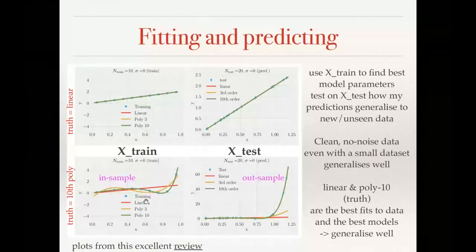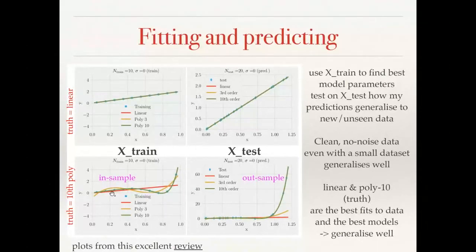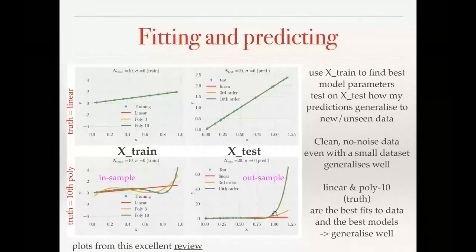Not very well. And of course, if you then try to fit with a polynomial of 10th order, since the truth is that those features have been created by a polynomial of 10th order, the fit is absolutely perfect. And because the data set, although it's small, is just 10 numbers, just enough to fit a 10th order polynomial, when we then test on a larger sample, the out-of-sample, we see that the first order polynomial, the linear, is not really good.